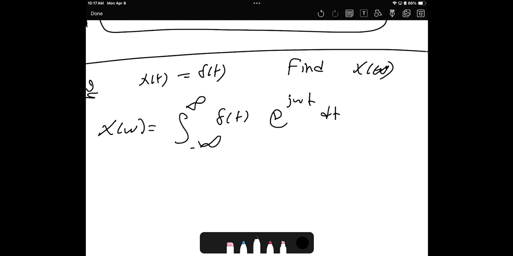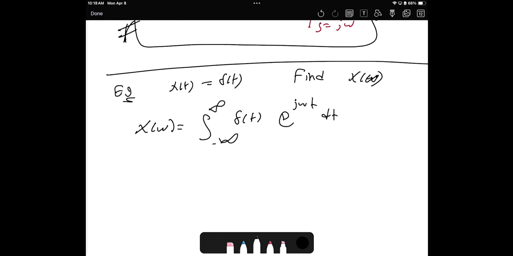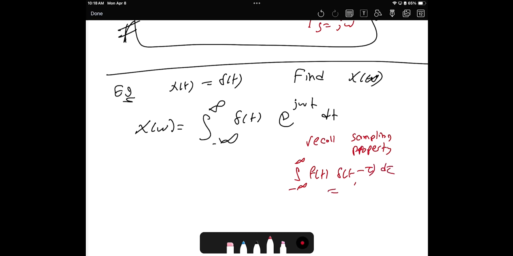Now, do you know how to find the integral of delta? Recall from exam number 1, the sampling property. When we discussed the delta function, we said when we have the integral from negative infinity to infinity of f of t delta of t minus tau dt, this is equal to f of tau.